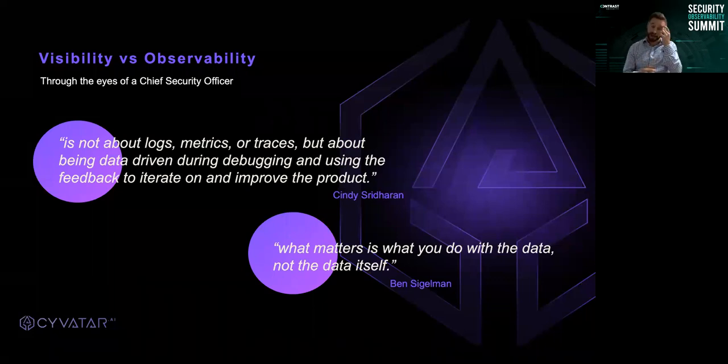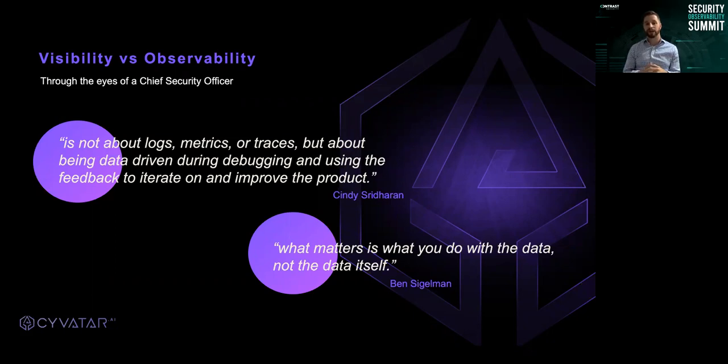So if you take an analogy, I would use the analogy of physical security, for example. So if you were to take visibility, within a physical security context, you might talk about seeing an alarm go off, you know, getting an alert, getting an audible alarm that told you that someone had broken into your premises.